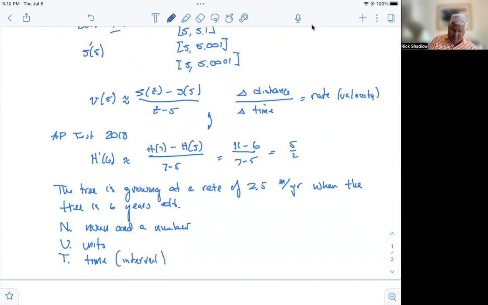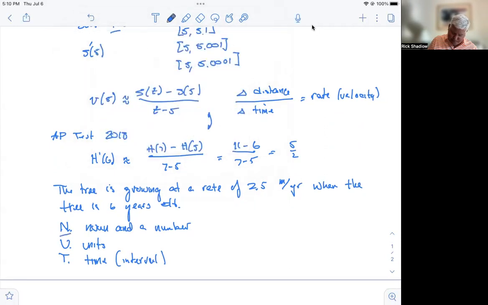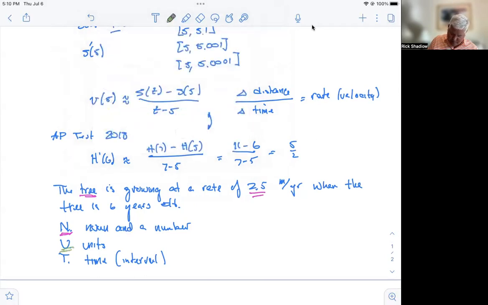So within that answer, my noun, the tree, and also the number, I have a specific unit that I'm looking at. In this case, meters per year. Not surprisingly, this was the difference of meters and this was the difference of years.